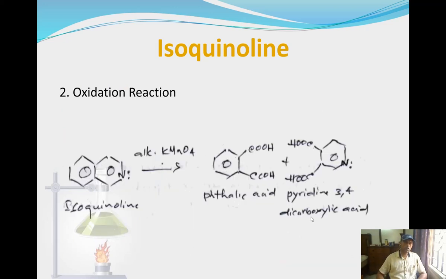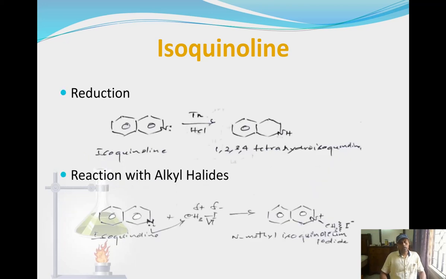Right, next is oxidation with alkaline potassium permanganate. It can give two kinds of products. The ring separation is going to take place here, so you can get phthalic acid and pyridine-3,4-dicarboxylic acid as the products. Next is reduction.